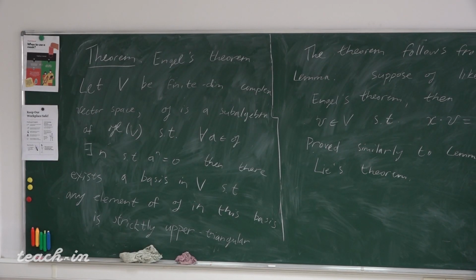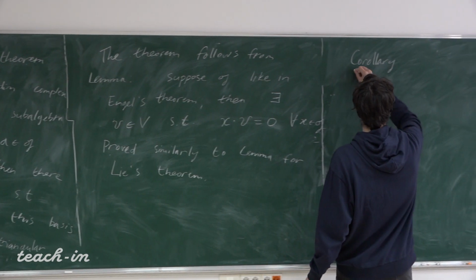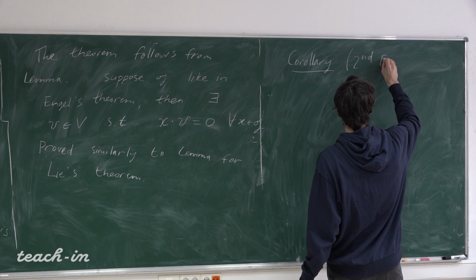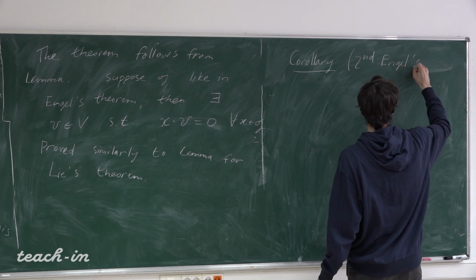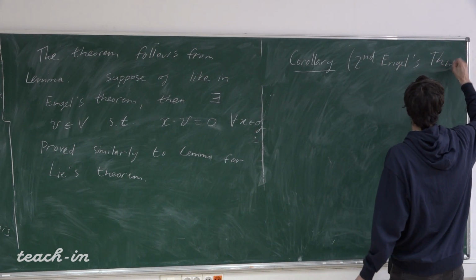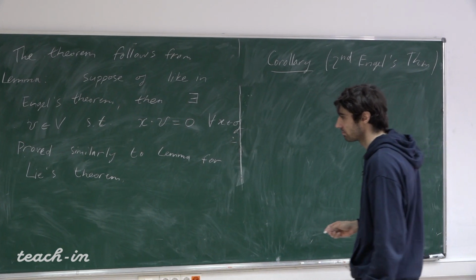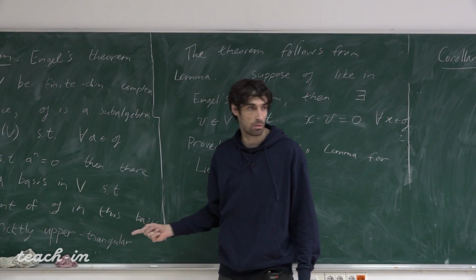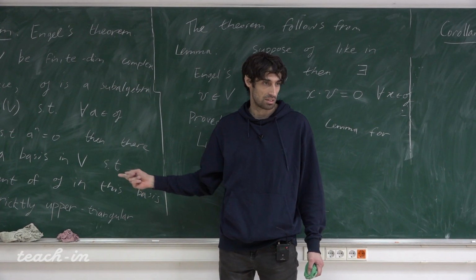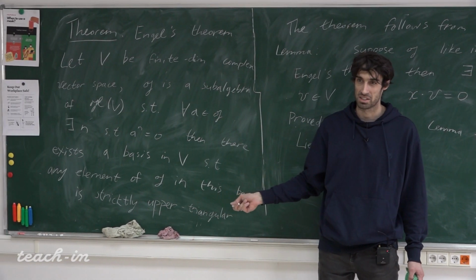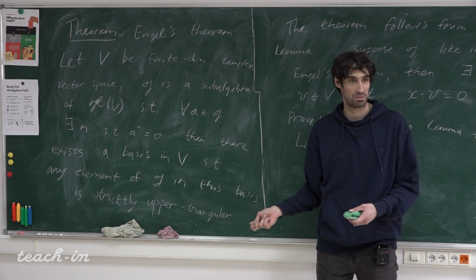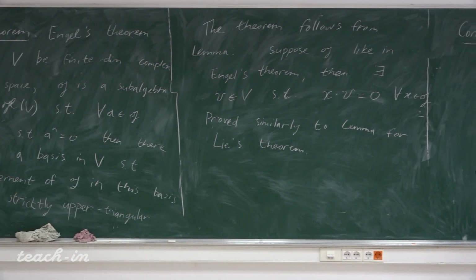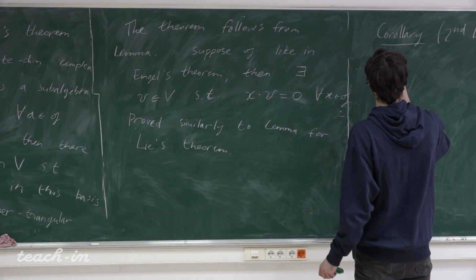Corollary. Second Engel theorem. So you see in this theorem, it doesn't say anything about nilpotent Lie algebras though, right? Just some algebra with nilpotent elements inside, g of V. So this one is about nilpotent Lie algebras.